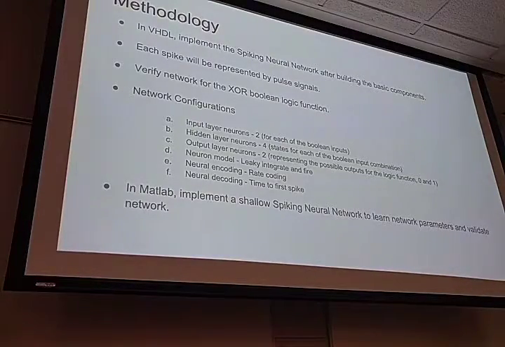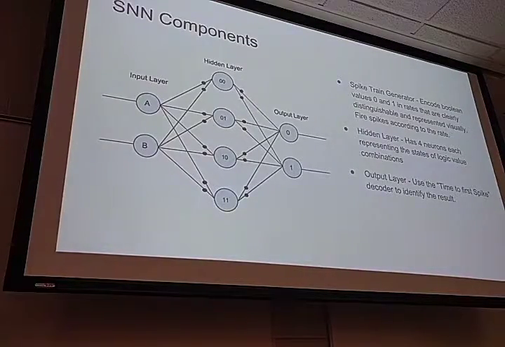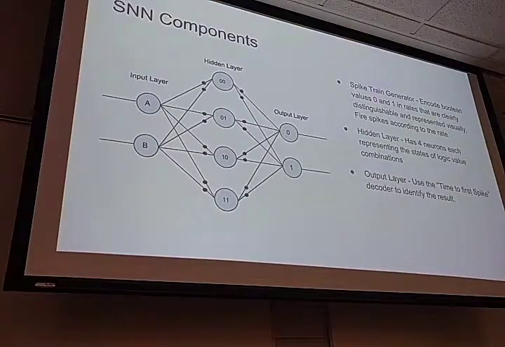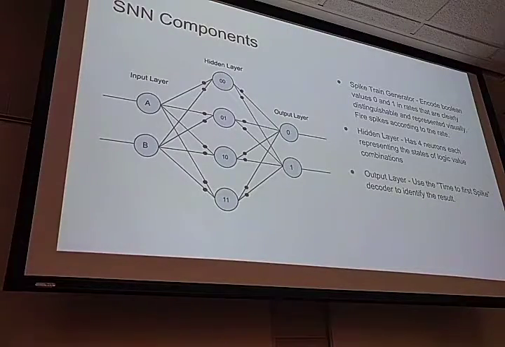We also implemented it in MATLAB for comparison. This is the spiking neural network components. These are the inputs, and as you can see, the hidden layer contains 4 states, and for the weights of these synapses, we actually manually change the weights and test.